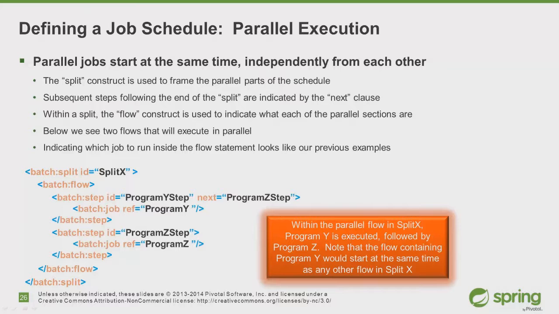Now, the flow containing program Y will start at the same time as any other flow that's inside of split X. So if there was another flow statement following this flow statement that contains Y and Z, they would both start at the same time.